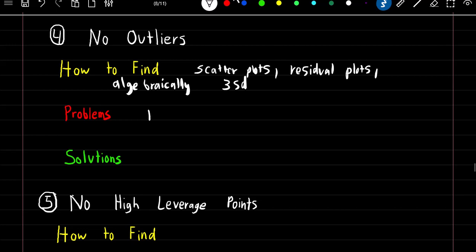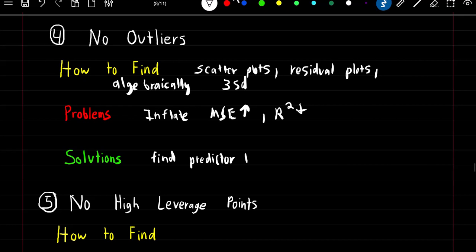The problems it can cause: it can inflate your test statistics, like your mean squared error would be much higher than it should be, and your r squared would be much lower than it should be. Solutions: you can try to find a predictor that explains the observation, or if it's a possible data entry error, just drop that observation.